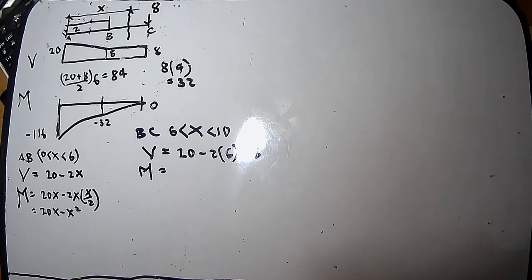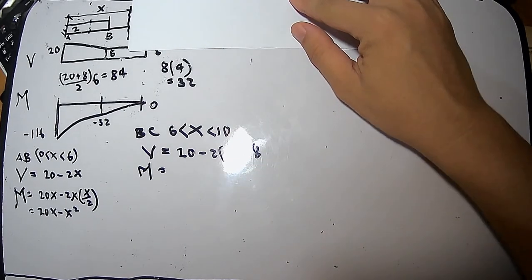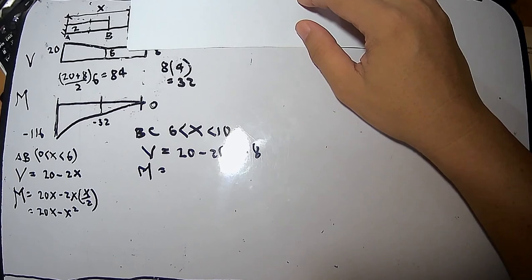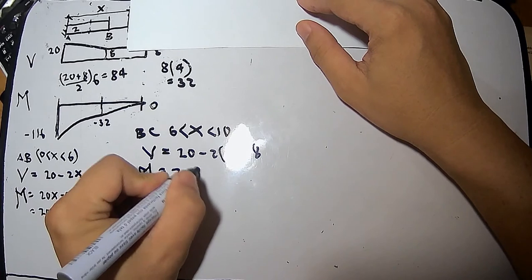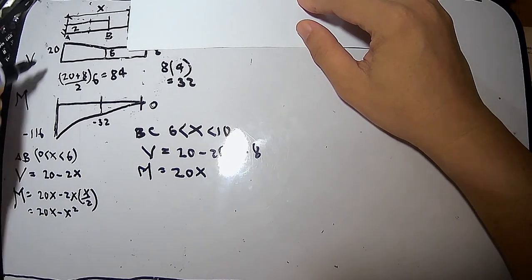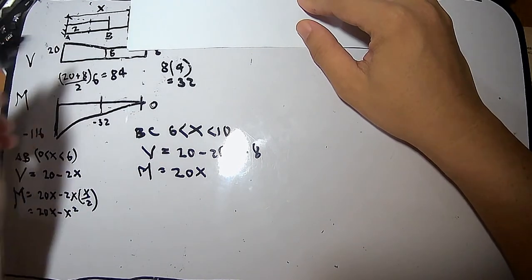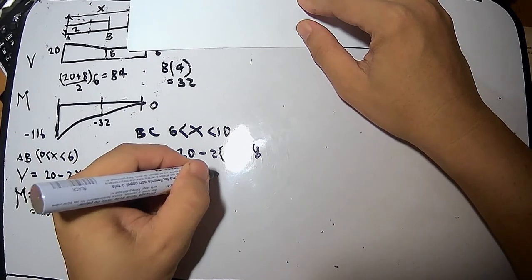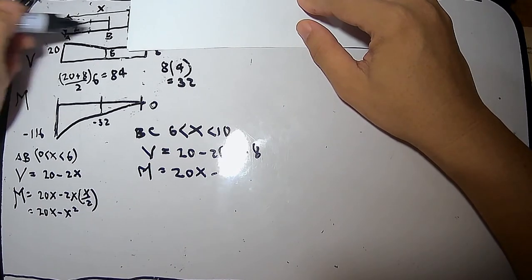Next is, let us find the equation for moment. Let's say, mag-cover tayo ulit ng lahat ng nasa left and see what happens. Okay? So, we have here 20 times x. Note na si reaction would cause a clockwise direction. So, 20 times x minus, now what is this distance?